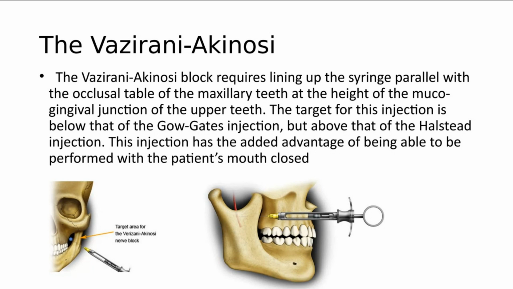And you're going to put the syringe parallel to the occlusal plane of the maxillary teeth. Look at the occlusal plane. I talked about this. You'll go above that, parallel to it, and you will go in. Ultimately, you will get into the mandibular foramen anyway, but you get it with the mouth closed, and you get it from the same side.